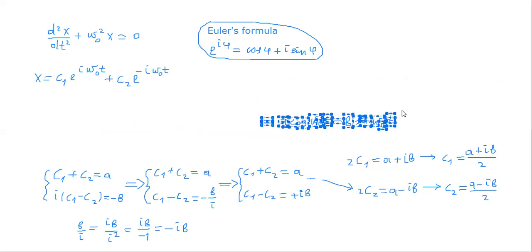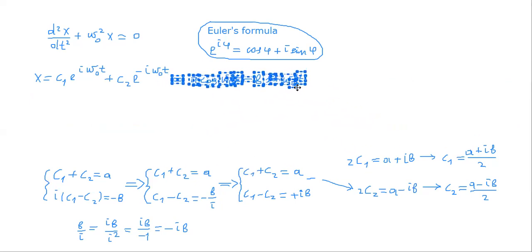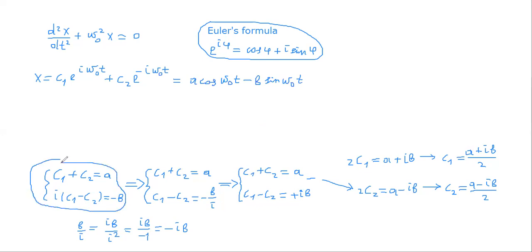So this solution can be changed in this way. And it is possible. We have the connection between C1, C2, and A, B. So we can change our solution.